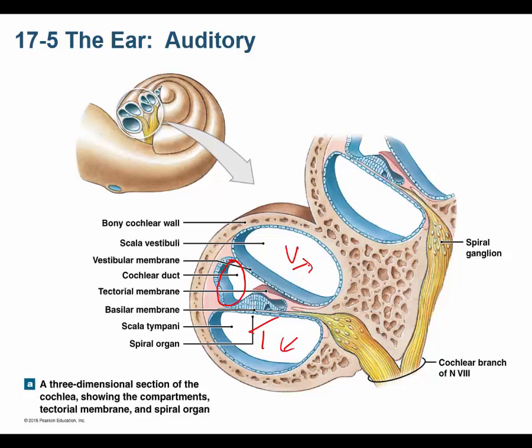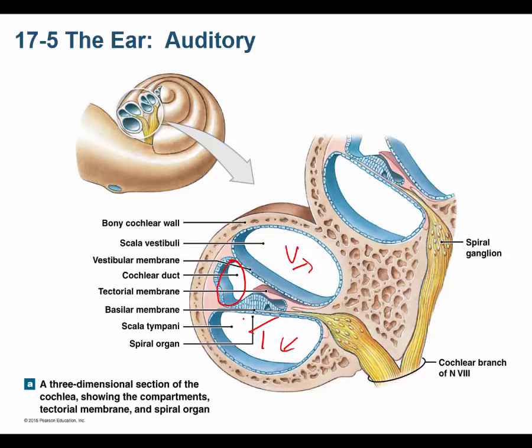Now realize I put these arrows here. I actually don't know which direction is inward here. I cannot figure it out. Okay, it doesn't matter. So the sound wave is going inward through the scala vestibuli, and the sound wave is coming out through the scala tympani.